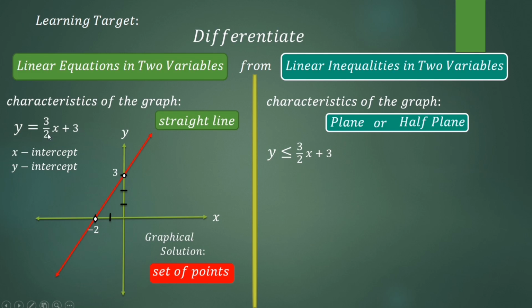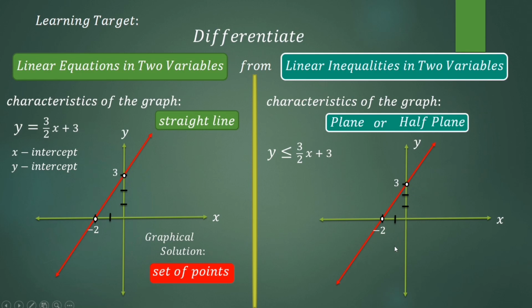To find some of the solutions here, maaari natin gamitin ang ginawa natin sa linear equations to find the x and y intercepts. Same with the linear equations, ang sagot natin sa x and y intercepts are the same. Then connect the two points, so we have the solid boundary line.